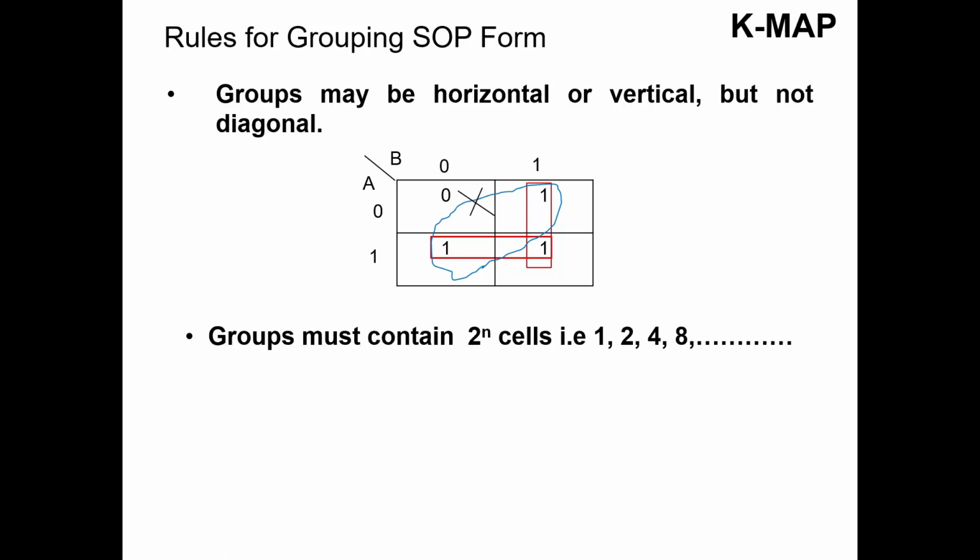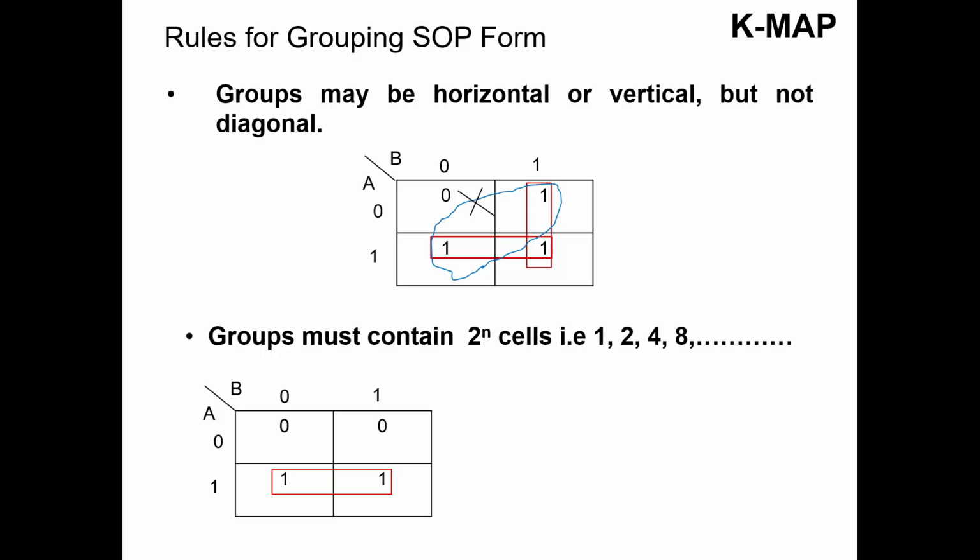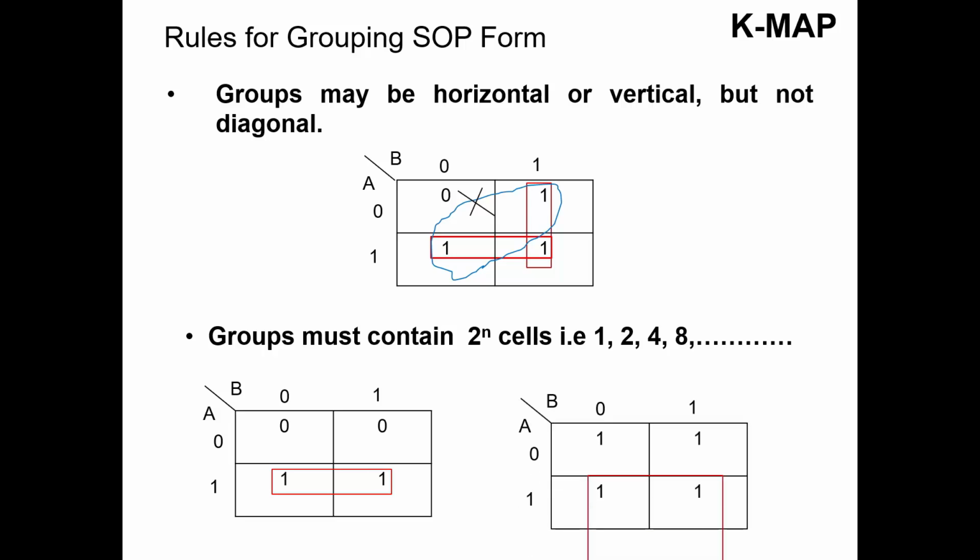The groups must contain 2 raised to power n cells. This means a group may contain 1, 2, 4, or 8 ones. But it should not contain, for example, 3 ones. Here the number of ones is 3, so we cannot have this group.